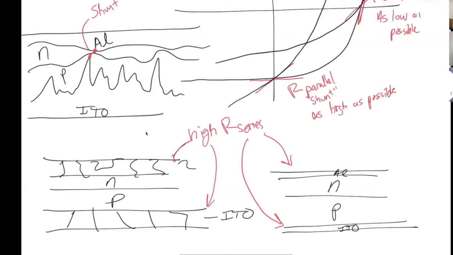Oftentimes, a bad fill factor. So let's say you had an IV curve that had actually fairly decent shunt and series resistance, but nevertheless, there was still some degradation in fill factor. That might be because you have a lot of traps in your N and P type materials or your charge carrier mobility is not very good.